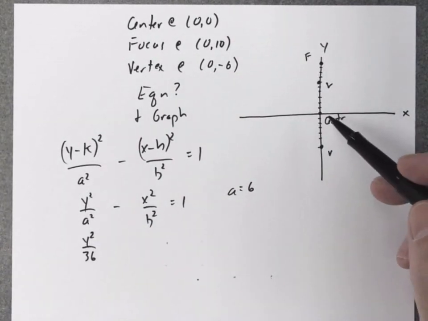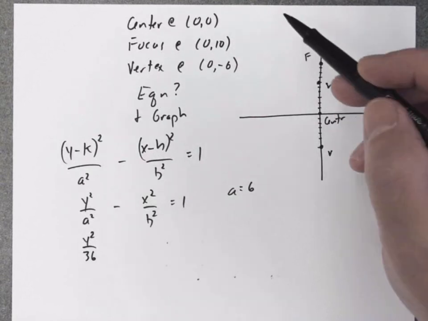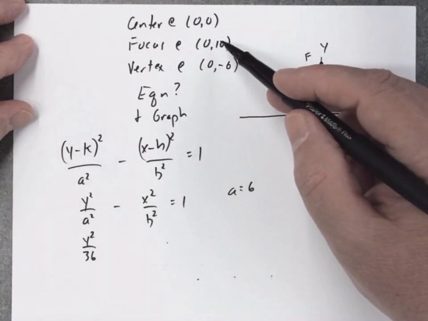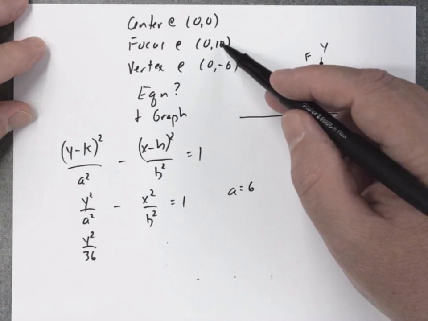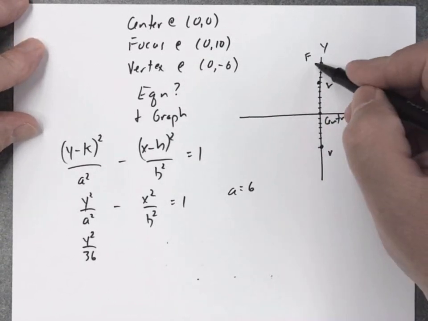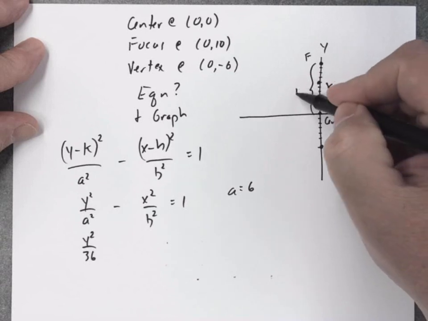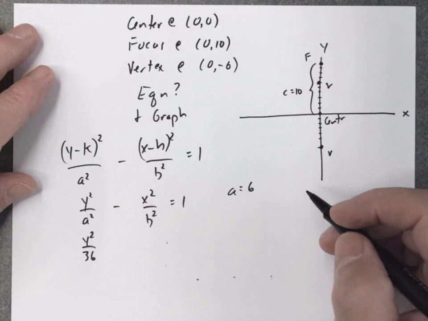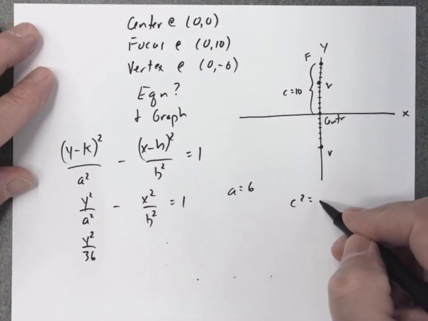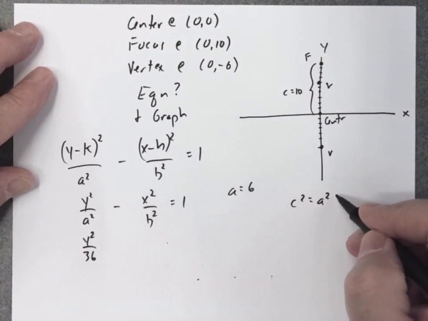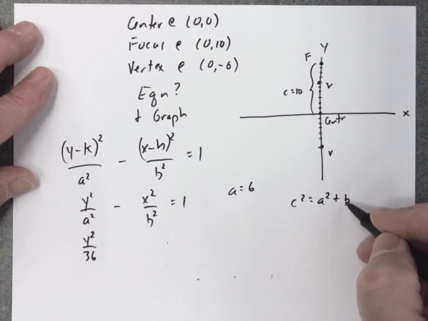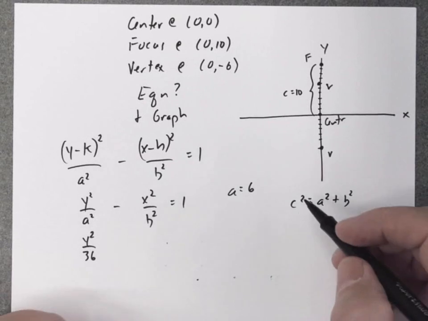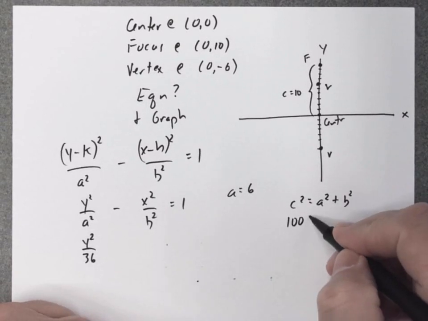Now b, I don't know directly, but they do tell me the focus at 10, so that means this distance right here is 10, which equals c, and then for hyperbolas we have that relationship where c squared equals a squared plus b squared. So if I know c is 10, if I square it, that's 100.